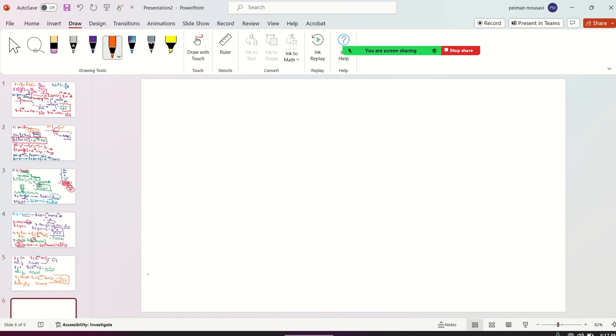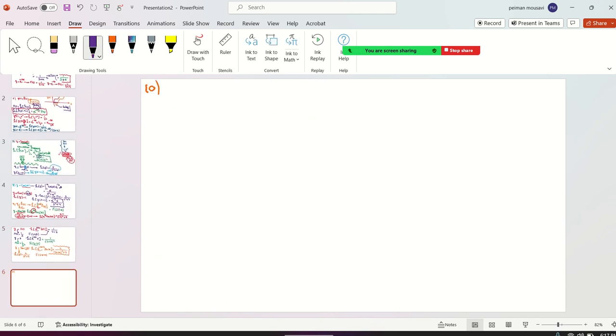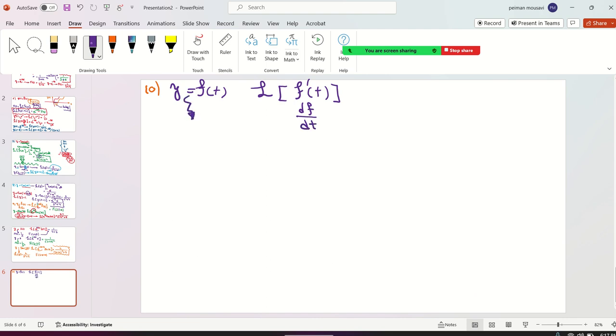Okay, number 10. If you have y of t given as input to the system, and I want to calculate the Laplace of f prime, the first time derivative, or df over dt. We know the Laplace of f is F of s by definition. It's going to be calculated as the integral from 0 to infinity of f prime of t e^(-st) dt.